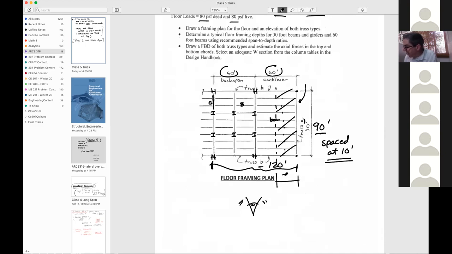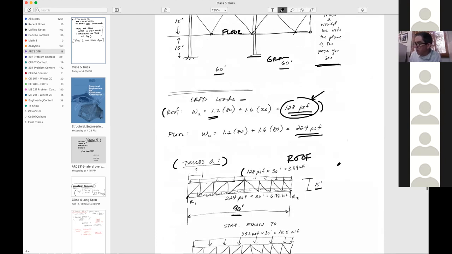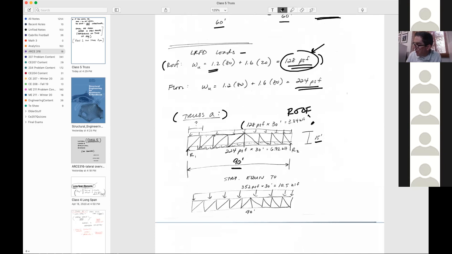And so that 30 feet right there, I'll do it up here, that 30 feet would be the tributary width that delivers load to the truss. And there's more than 3 point loads, so we're going to smear them to a uniform distributed load. And so you're going to take that 128, multiply by 30, and you end up with about 3.84 kips per lineal foot. Now that would be from the roof.